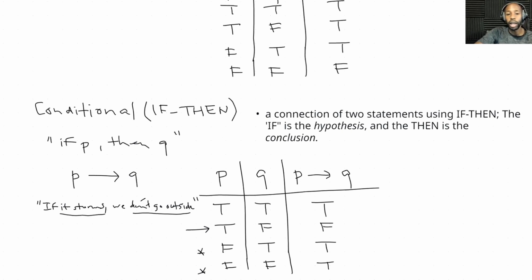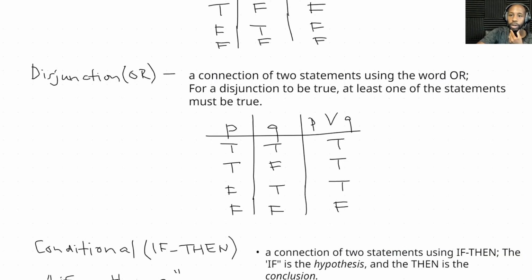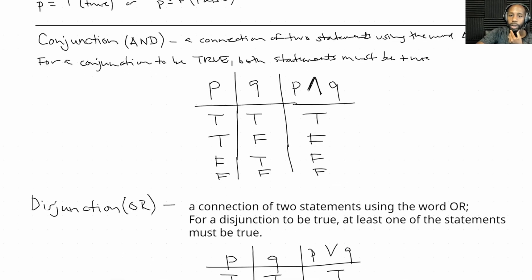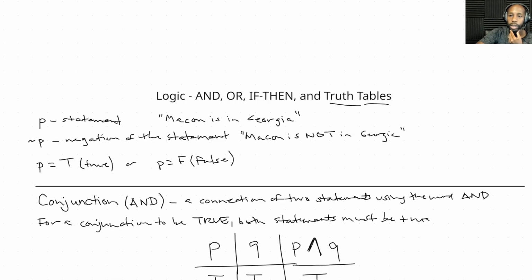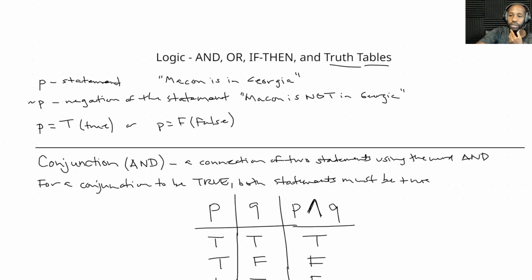So this is implying if it storms, we go outside, then that is false. All right. So let's see. Did I talk about everything I wanted to talk about in here? I think so. Let's go back up here, see what we have. Okay, yeah, there we go. So we talked about everything I wanted to talk about in this video.